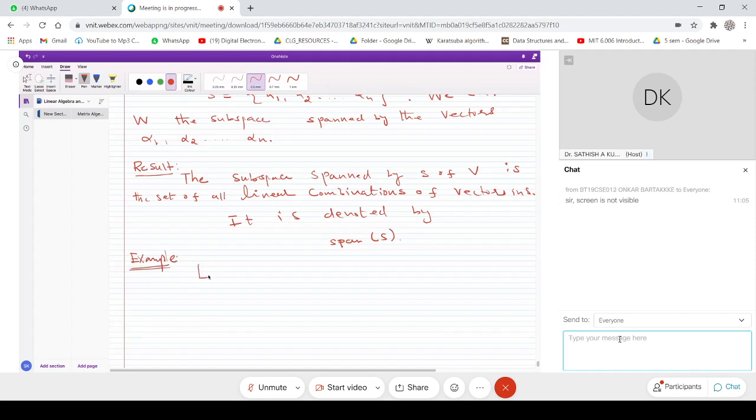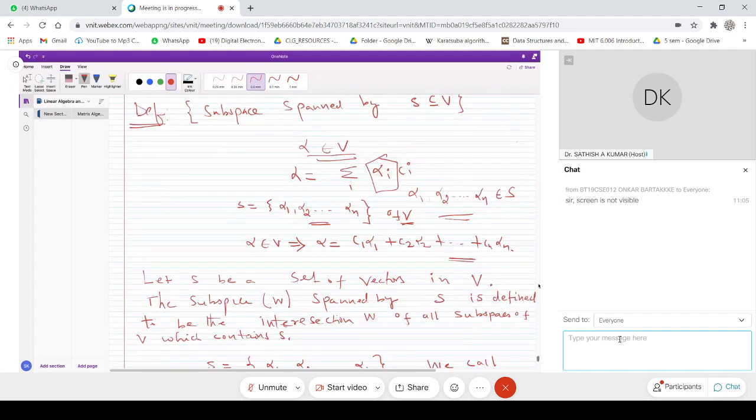Let S be equal to U2 union L2 in M22, where M22 means 2 by 2 matrices with real entries.